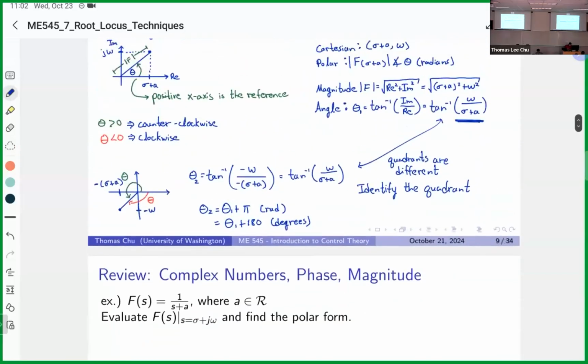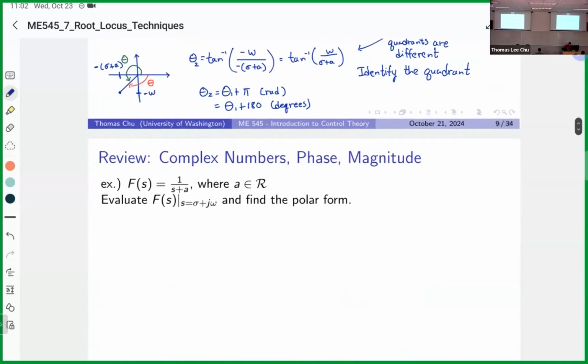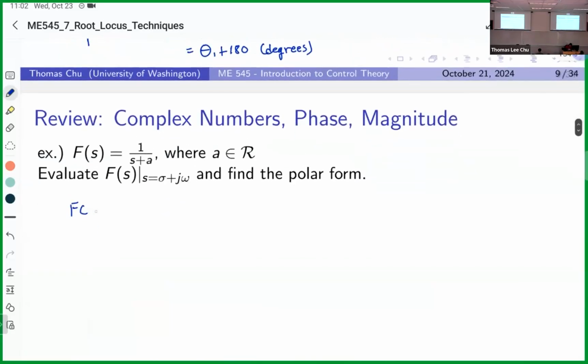So one other thing: in this example we did, we basically just drew the polar coordinate, or found the polar coordinates, for a zero. So for the polar coordinates of a pole at the same location, the trick is actually pretty straightforward. We're looking at a pole now. So if we were to write this out, we get 1 over sigma plus a plus j omega.